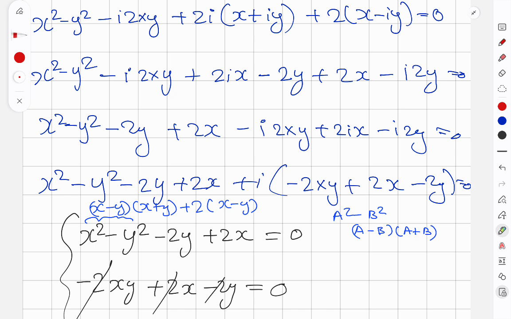Okay, so yeah, this is x square minus y square minus 2y plus 2x, and I can take the i common over here, so it's negative 2xy positive 2x negative 2y is equal to 0. I just took the i common outside. Then to solve the equation, your x square minus y square minus 2y plus 2x must be equal to 0, and the imaginary part also must be equal to 0.